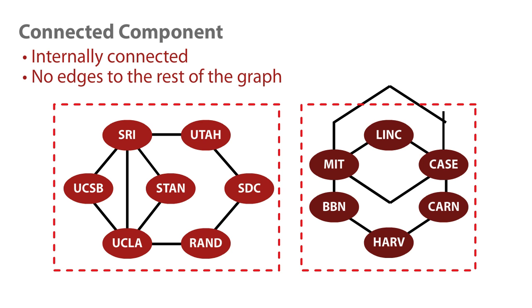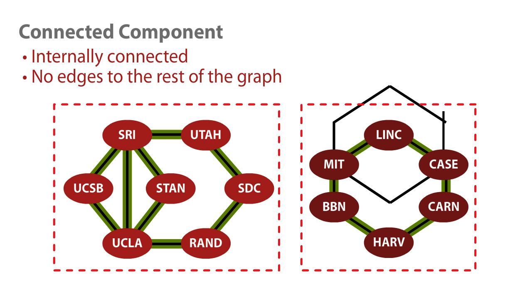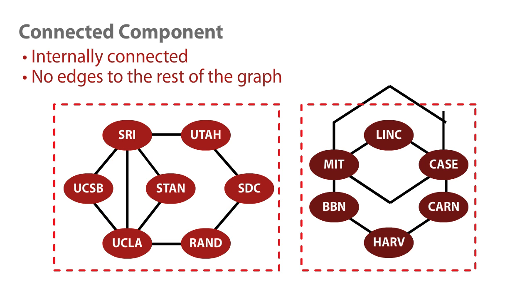But it also has no edges to the rest of the graph. Right? So it's as big as it can be in the sense of being connected. Everything else is somewhere else and is not linked by edges. Okay, so in this graph in particular, if I were to remove those 2 cross-country links, we would have a 6-node connected component on the East Coast and a 7-node connected component on the West Coast.